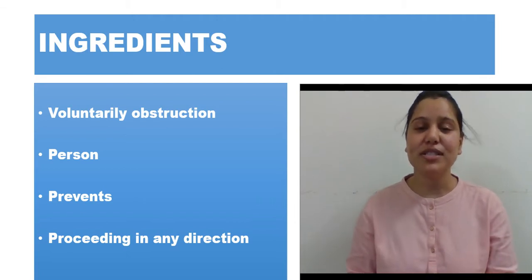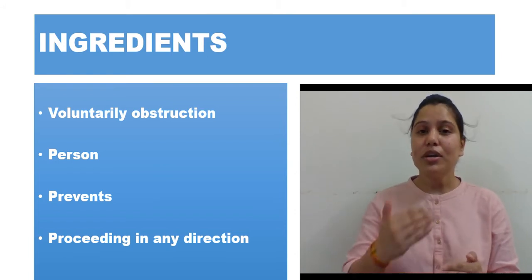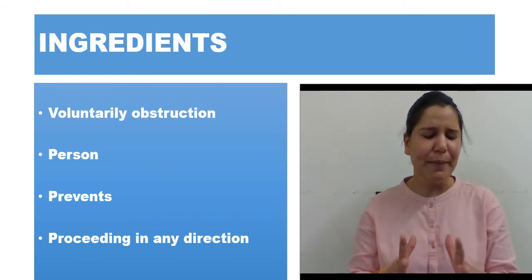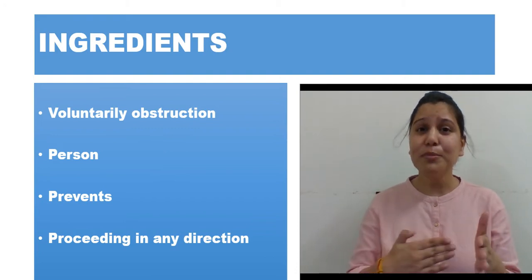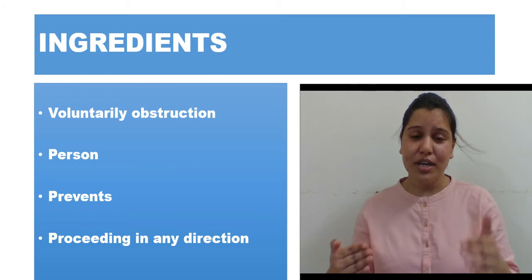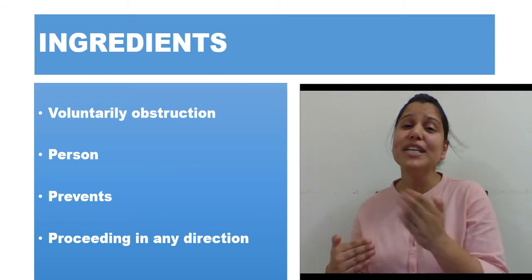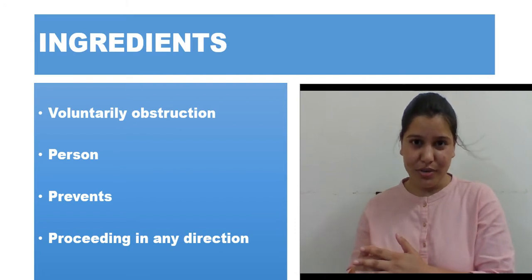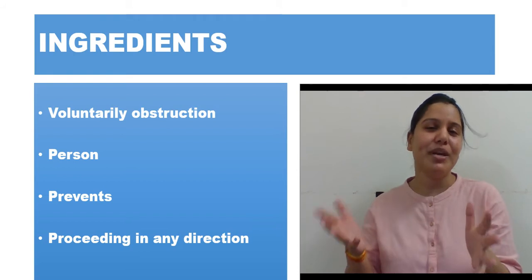Now, prevents. What do we understand by prevents? Let's take that very basic example, that person is being prevented, right? Let's take this third element and the fourth element together: from proceeding in any direction. That person, let's give them a name, AB as usual.